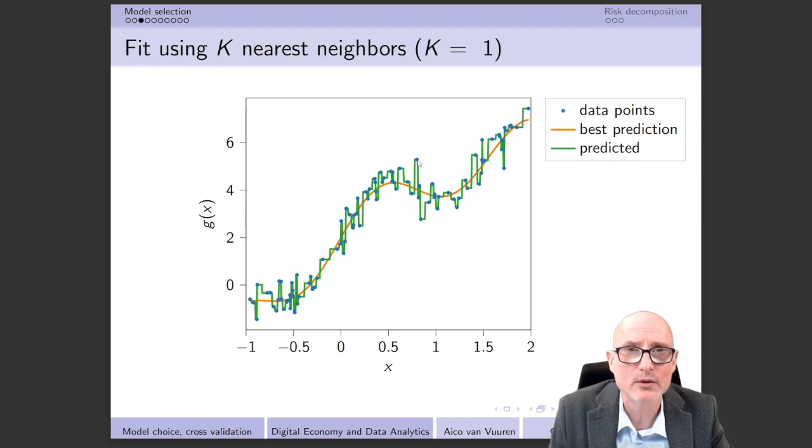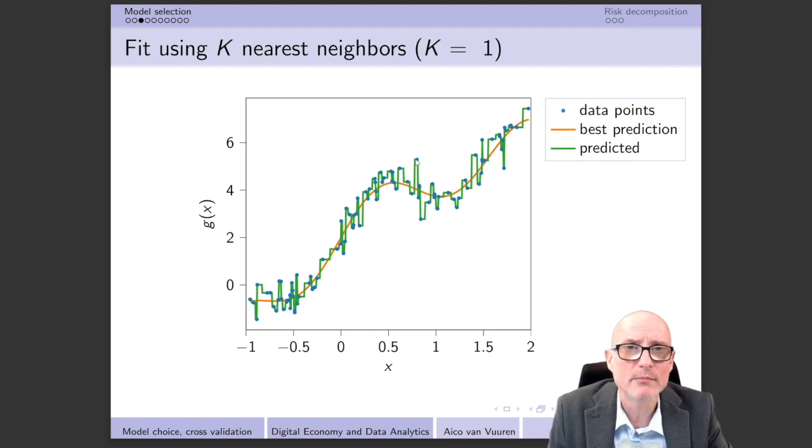So at the moment that we look at a data point, our prediction is exactly equal to that particular data point. And that does make sense, because what does k equal to 1 actually mean when we make a prediction with k nearest neighbors?